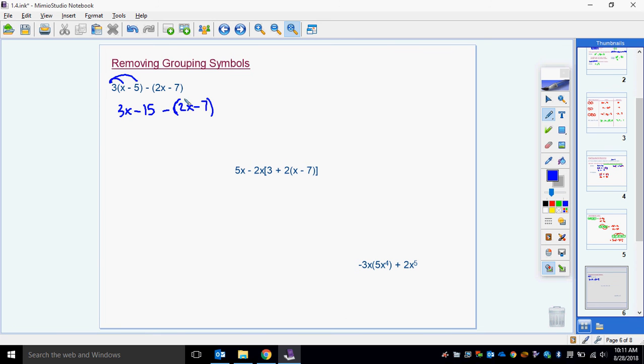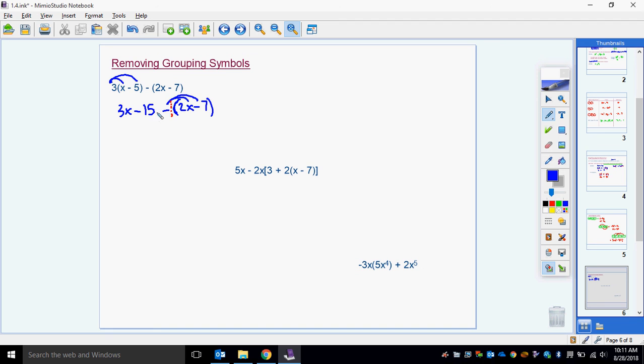So it's not just subtracting the 2x, it's also subtracting this -7. So what I'm going to do is technically distribute this negative sign. You can think of it as a -1 out in front. Just like we distributed the 3, we're going to distribute a -1.